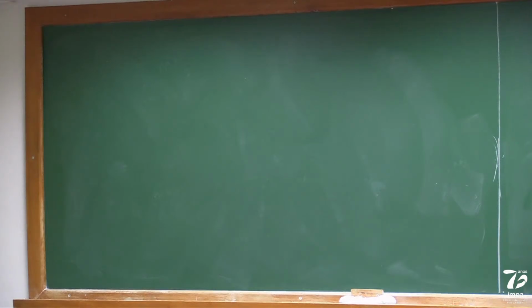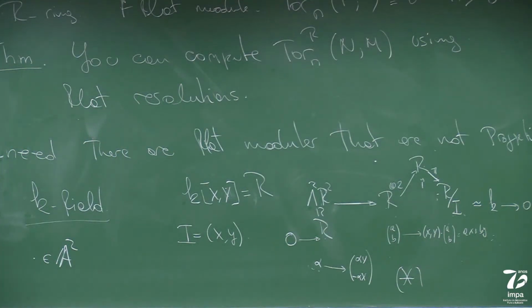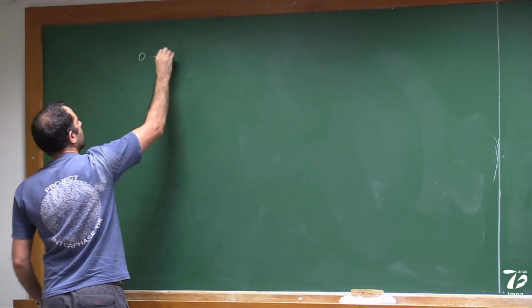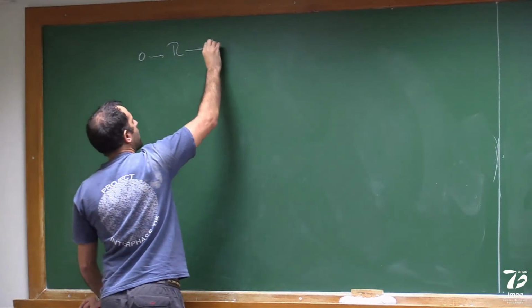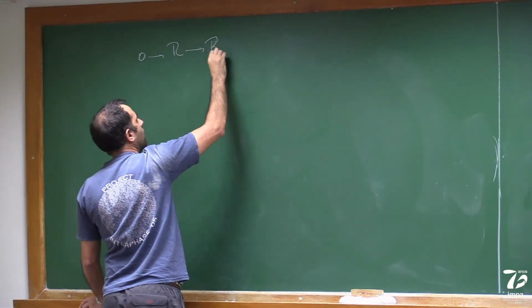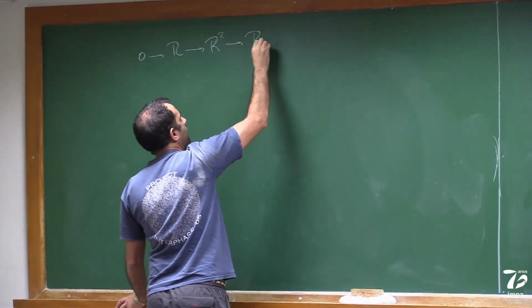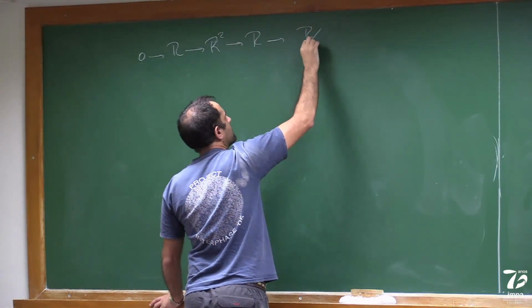So, well, we have this sequence. And this is a projective resolution of R mod I. Right? So we have R in the first term, R squared in the second one, and wedge 2 of R in the third one. So that sequence, 0, R, R squared, R, is a projective resolution of this guy.